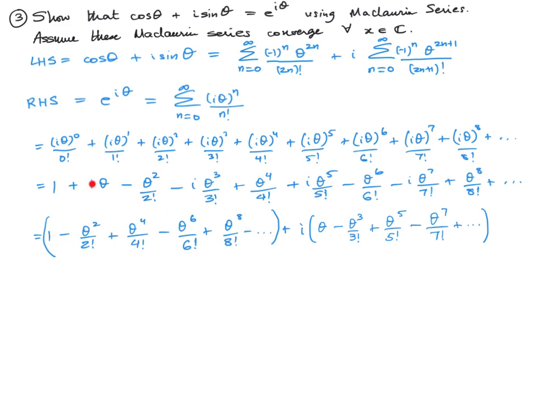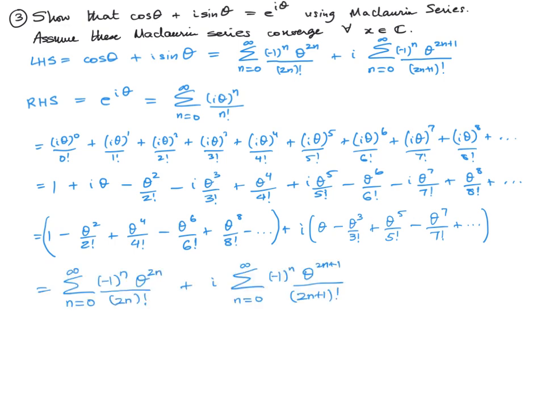And then from the other ones, this one, this one, this one, this one, etc., I factor an i. So i times theta, and then minus i times theta cubed over 3 factorial, and then plus i times theta to the 5th over 5 factorial, and then minus i times theta to the 7th over 7 factorial. So I've got theta minus theta cubed over 3 factorial plus theta to the 5th over 5 factorial minus theta to the 7th over 7 factorial, etc., with an i in front of them.